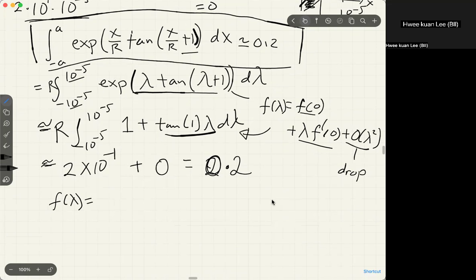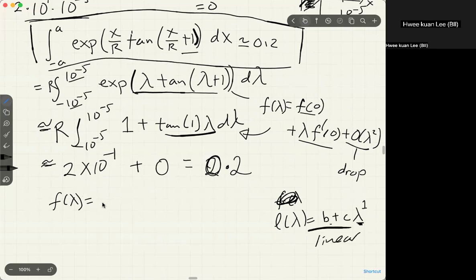A linear function is called L. L of lambda is a linear function, let's say b plus c lambda. This is linear. It has lambda to the power 1, and doesn't have lambda to the power 2.